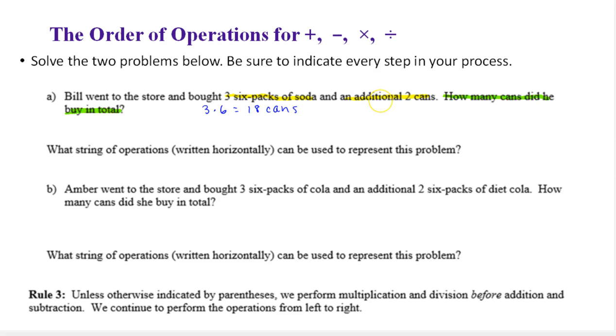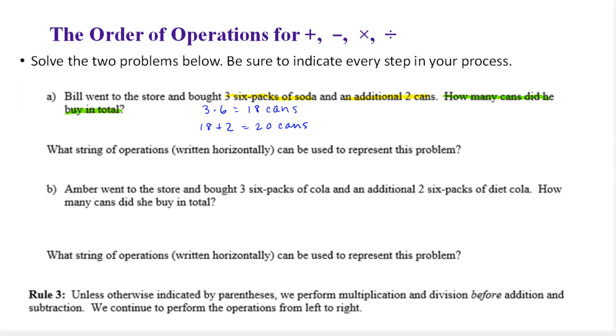And then we want to take the 18 and add on the 2 additional cans, which gives us 20 cans in total. Okay, so we perform 2 operations here, multiplication and addition, and notice we perform the multiplication first.